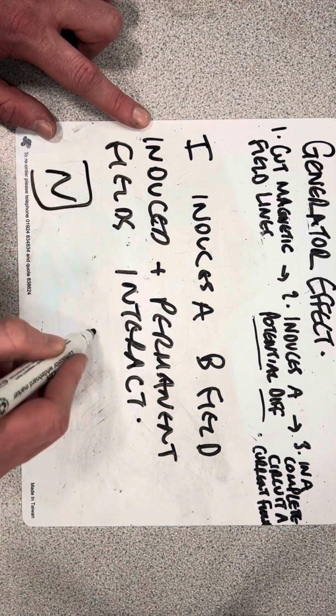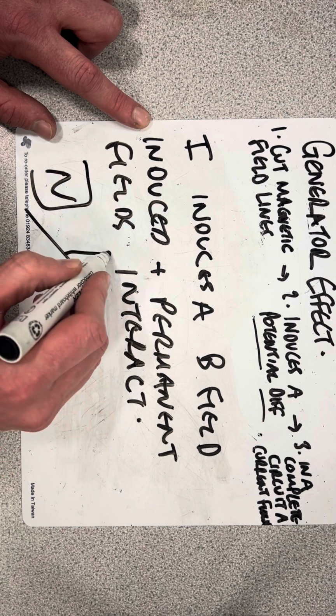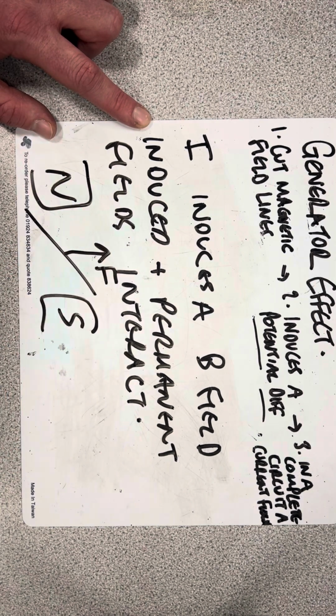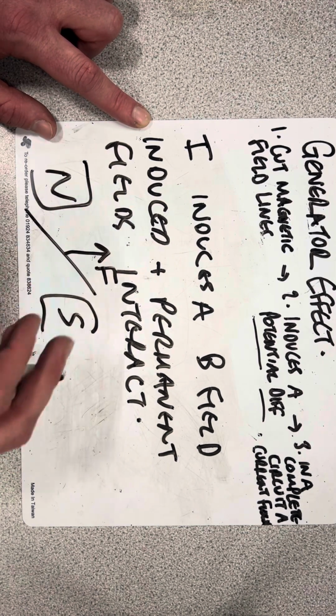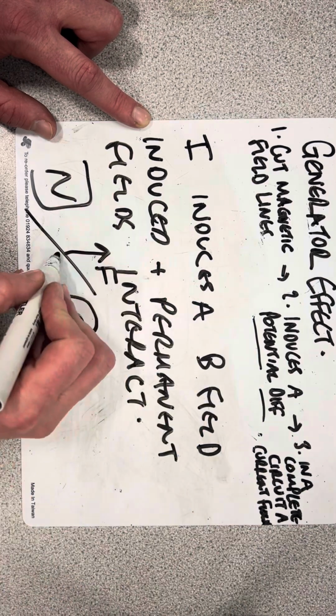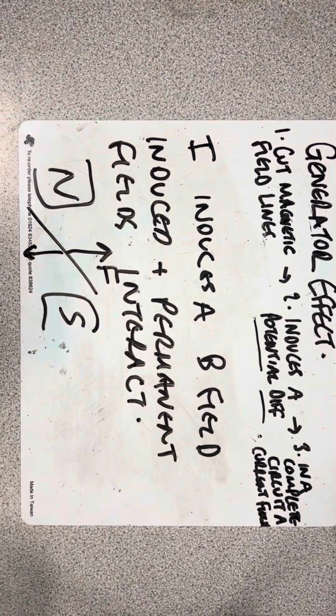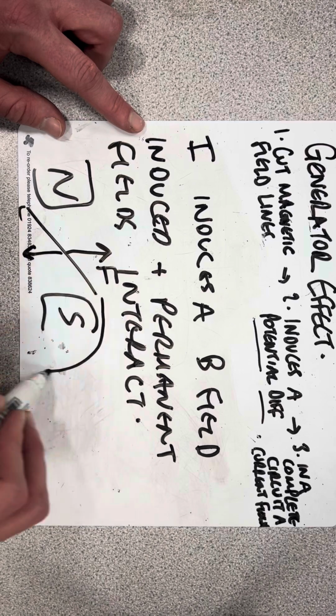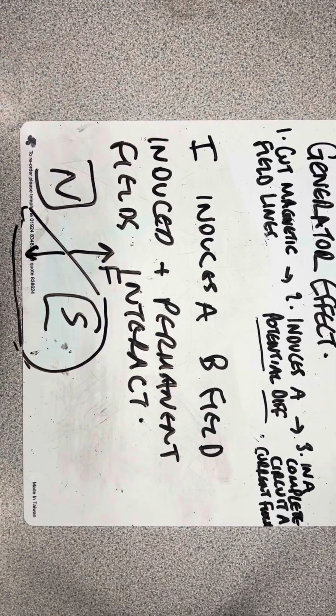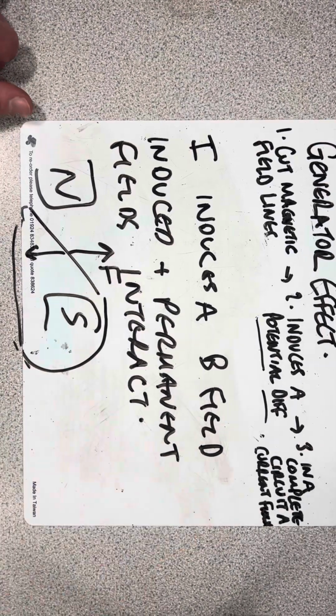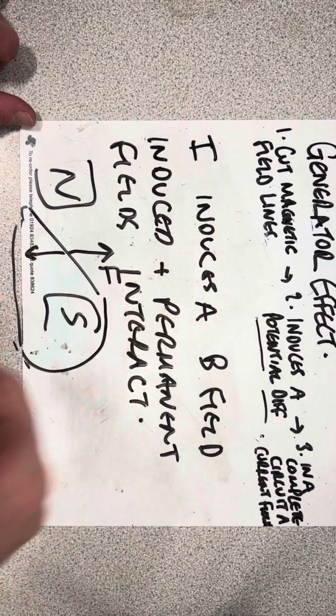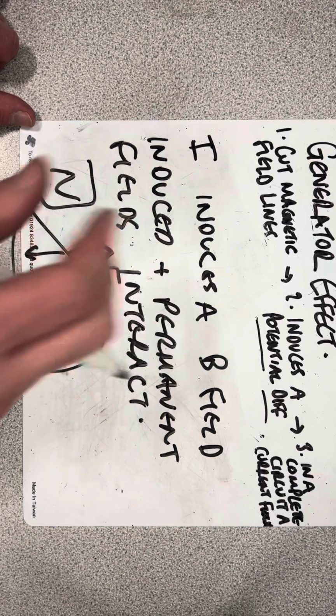So if I had my north and my south, and I was moving this wire up, then the magnetic field that's induced around this wire is going to cause a force down. So actually, we better just make sure, sorry, I've gone off the table a little bit, but that's meant to be a complete circuit. So when it's a complete circuit and the current's flowing, this force will act in the opposite direction. So you'll find it harder to move the wire up.